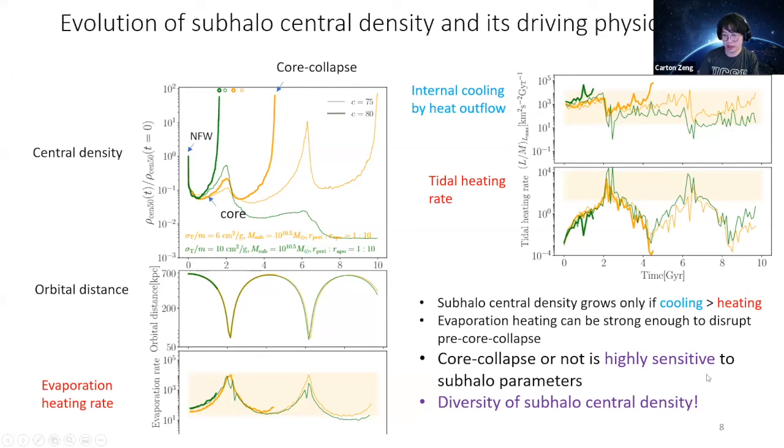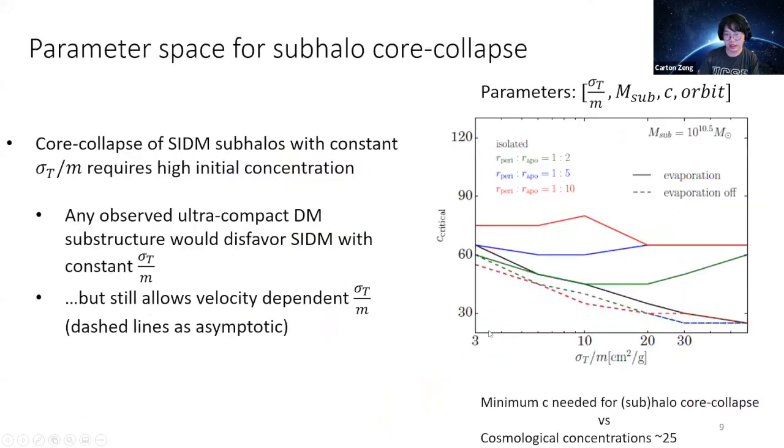Also, another thing we learned from here is that the evolution of an SIDM subhalo is highly sensitive to its initial parameters, as we can see in the comparison of C equals 75 versus C equals 80. So following that spirit, we're motivated to map out the parameter space to see where the boundary is above which the subhalos can eventually core collapse.